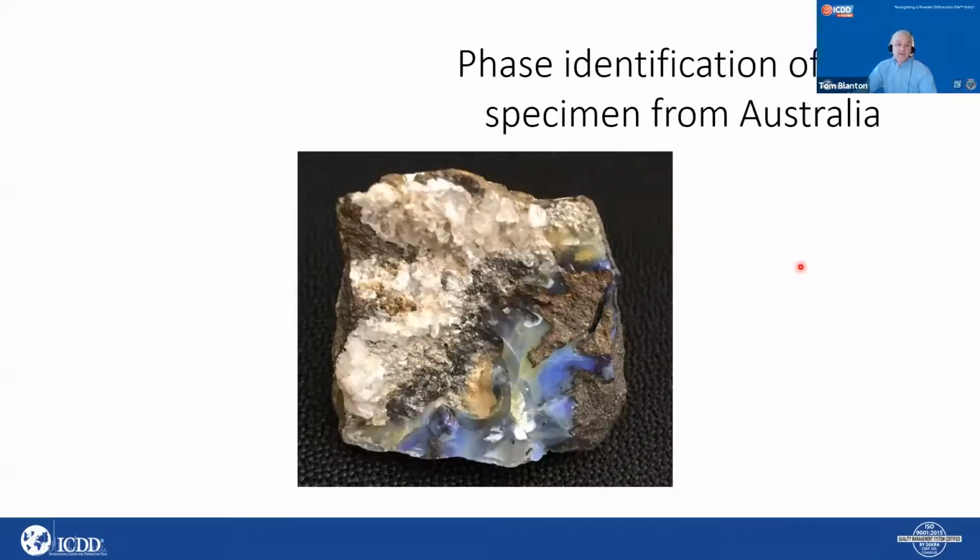Here's an example using something that would have a whole pattern presence in the database. This was a rock specimen from Australia, and we analyzed 3 regions where we had the white crystals, this dark region, and then we have this glassy looking region as part of this mineral sample.